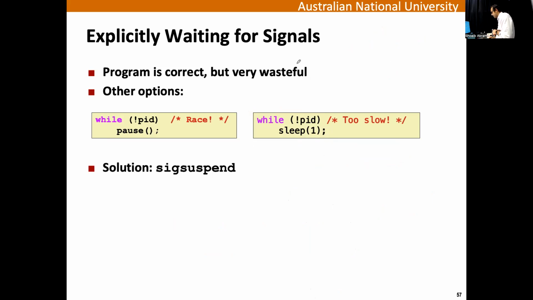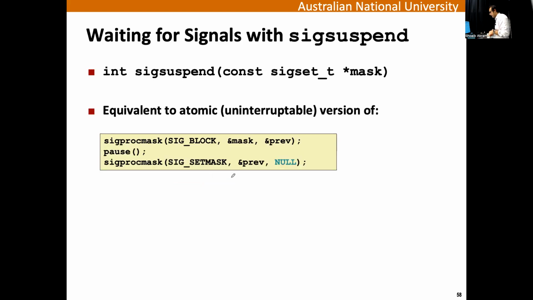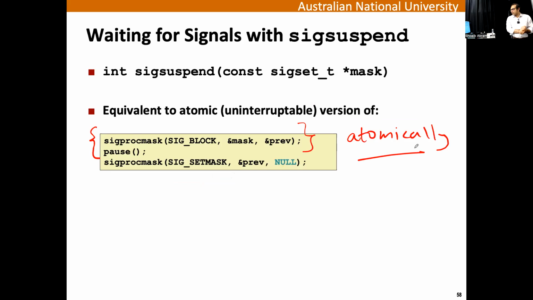So the solution is sigsuspend. Sigsuspend makes sure that these 2 statements execute atomically as 1 unit. They cannot be interrupted. So we block all signals and we call pause atomically as 1 statement.